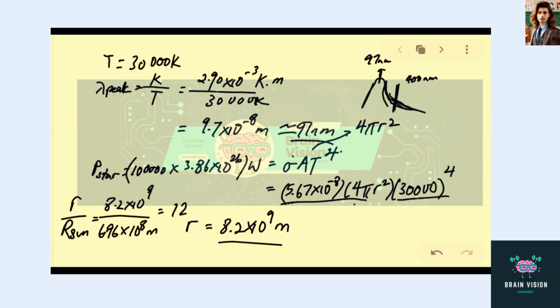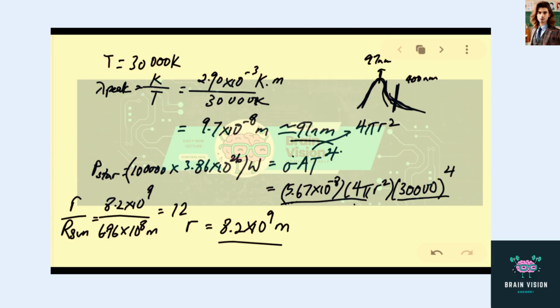Now, the final part of the question asks whether it's correct to say that the visual luminosity is proportional to the total power. In this case, it's not, because at such high temperatures, the peak of the wavelengths emitted is in the ultraviolet range.